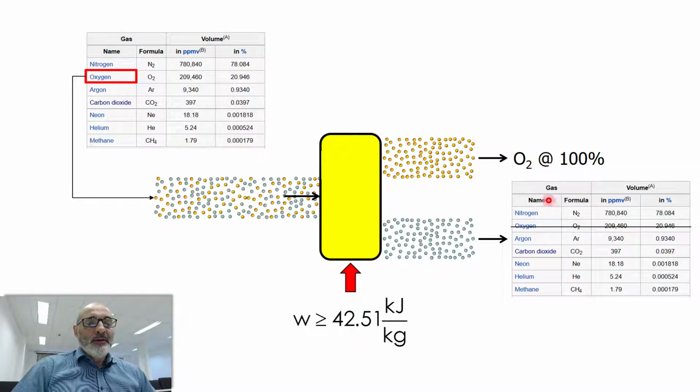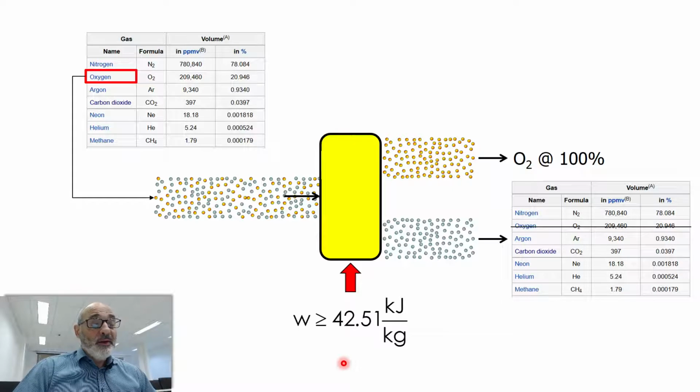On the other exit, we have all the other components except oxygen. The other components can be mixed up, no problem. But by having oxygen at 100% here, I'm going to spend this amount of work.